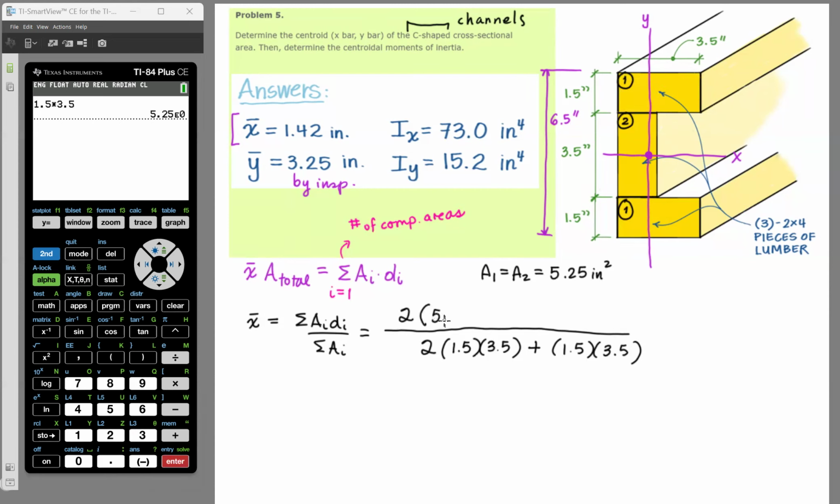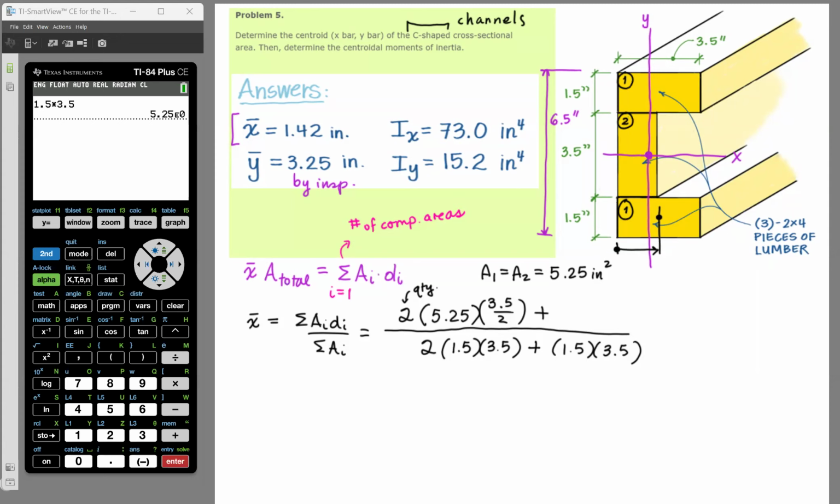And in the numerator here, I have quantity 2 of shape number 1. The area is 5.25. And the distance is from our reference point to the center of that shape, which is half of 3.5. Okay, so that's quantity 2. The next term is the area and then the distance. Now we need to deal with shape number 2.